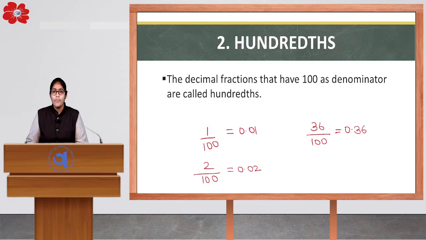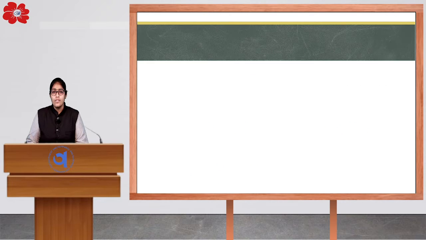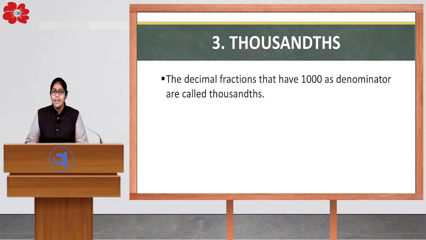Last is thousandths. Can you guess the denominator by its name? Yes, it will be 1000. So decimal fractions with denominator 1000 are called thousandths.